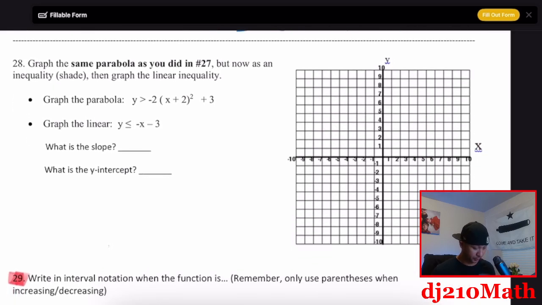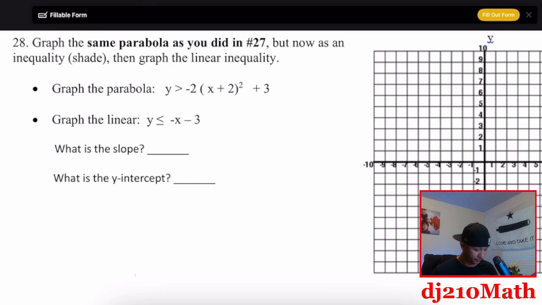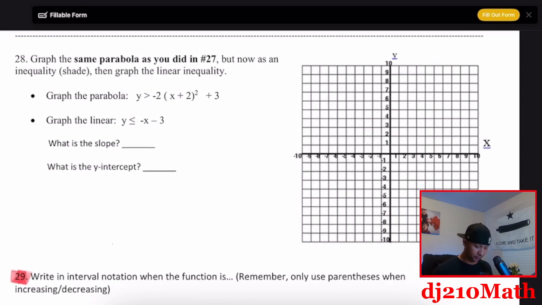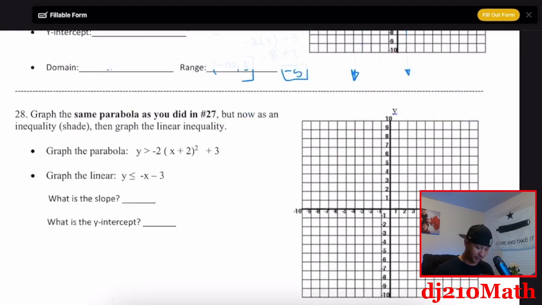Okay, so 28 is just like the last one, except we're graphing two equations. So graph the same parabola as you did in 27. Okay, so this is the same one from the last one.